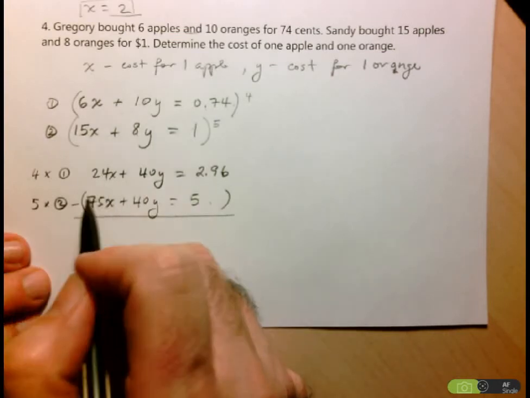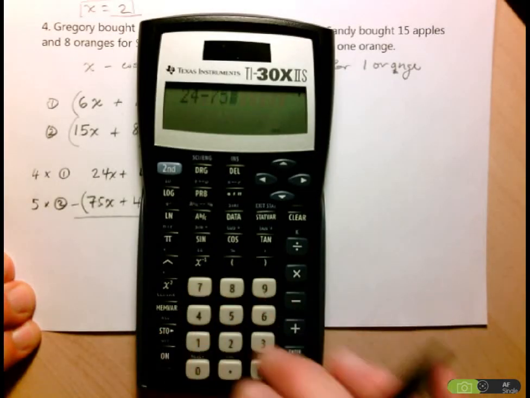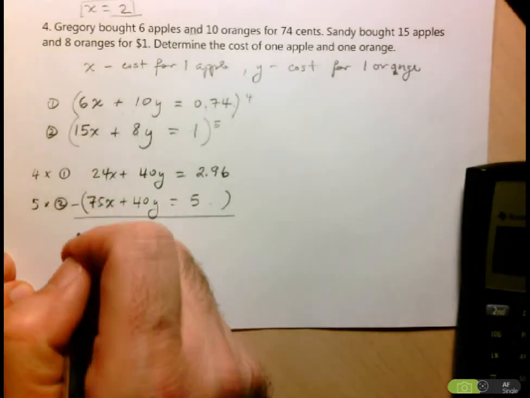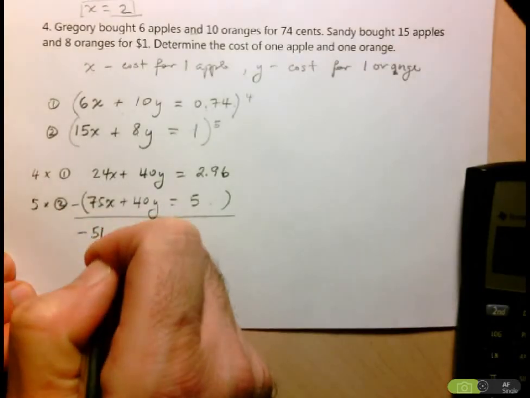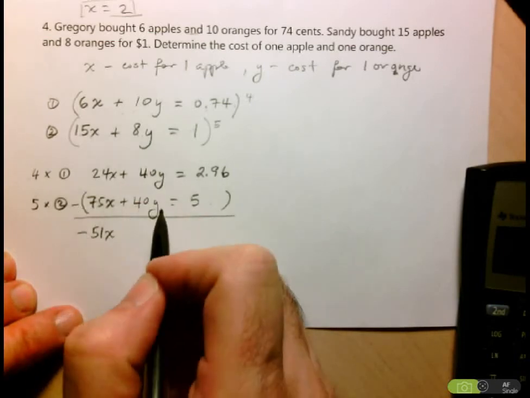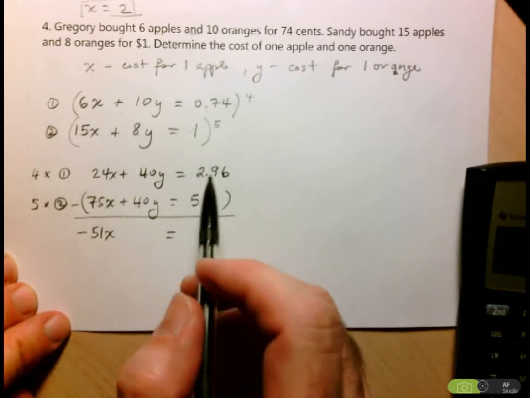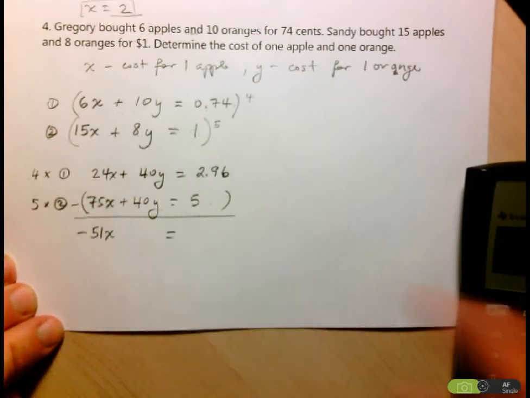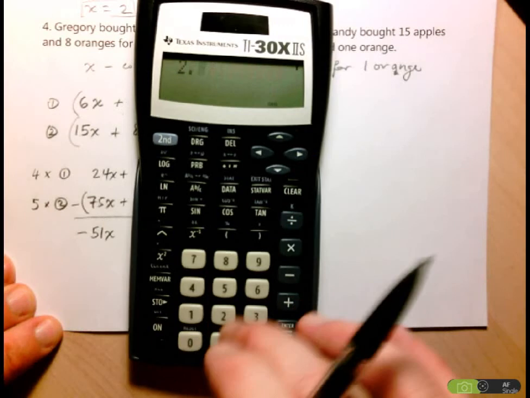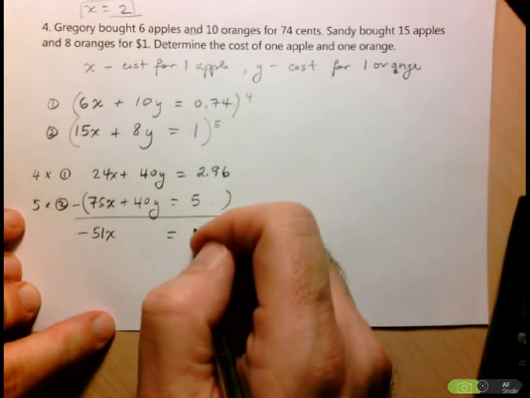So I do 24x minus 75x. Okay, negative 51x. Okay, 40y minus 40y, 0. Okay. And so now 2.96 minus 5, okay, gives me negative 2.04.